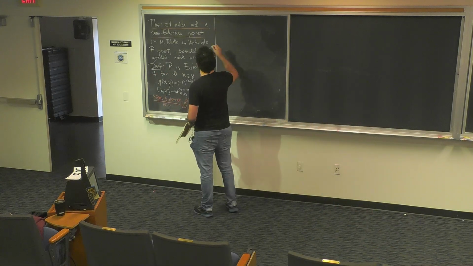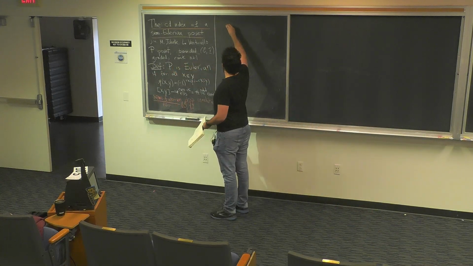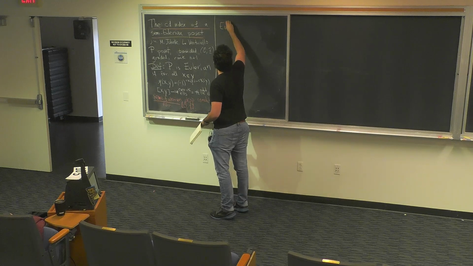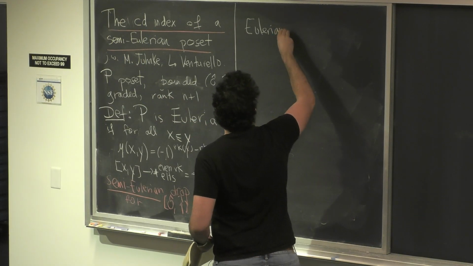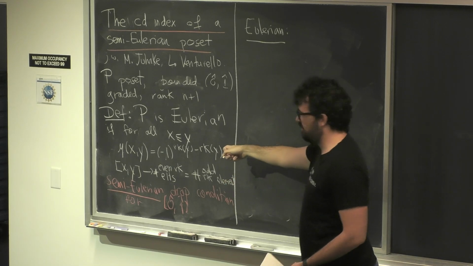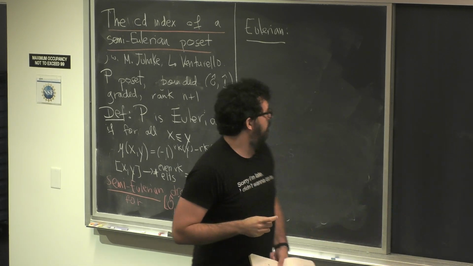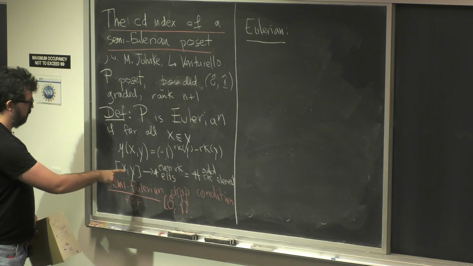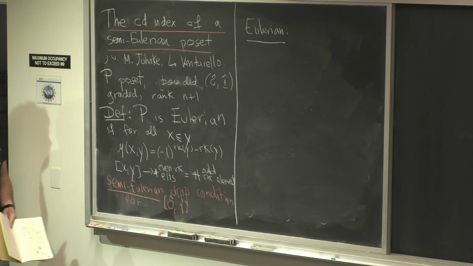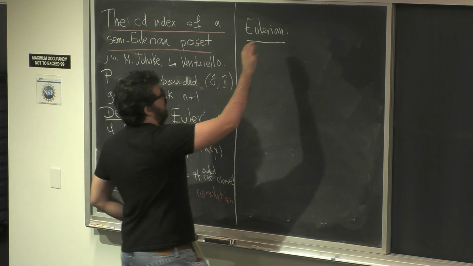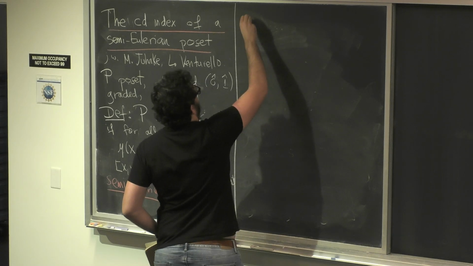The idea is, well, this condition, so Eulerian, one should think of as a poset where I'm prescribing a lot of local information. So if you think about, I can, let me define something.